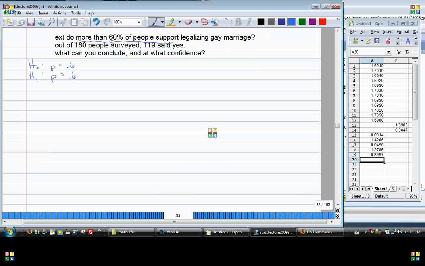Okay. So what else? What next do we need to write down? Mu with the p hat. So mu for p hat, and what's that going to be? That's 0.6. And then? Sigma with p hat. And what will this be? Square root of 0.6 times 1 minus 0.6 divided by 180.